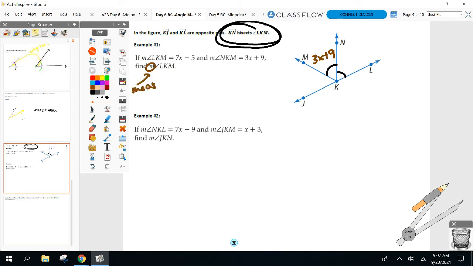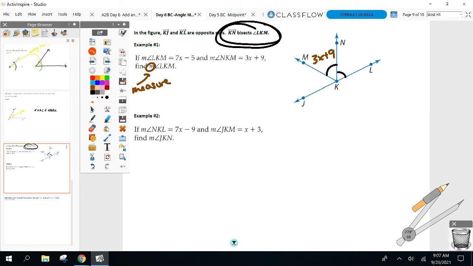How many degrees is LKM? Ooh, boy, huh? Try to help me out, try to set up an equation here. That's 3x plus 9. I know the whole thing, LKM, is 7x minus 5. Got to set up something, right?